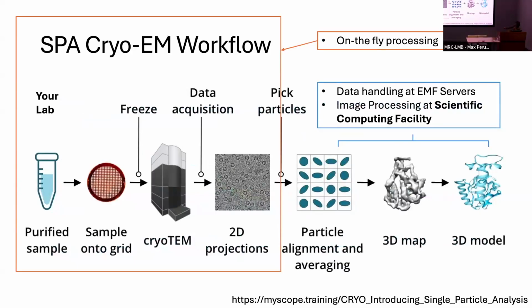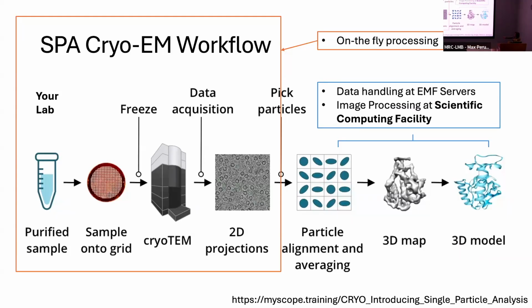We provide training. If sometimes you do not have time, you can just give us a sample and we can do it for you. This is some kind of service or collaboration. We can train you on freezing samples and data collection on the microscope, and then you get a data set.